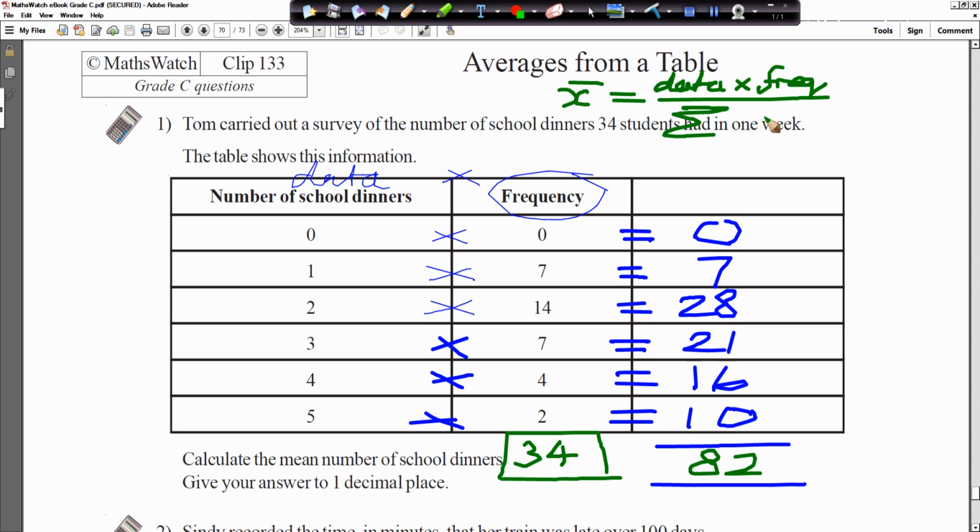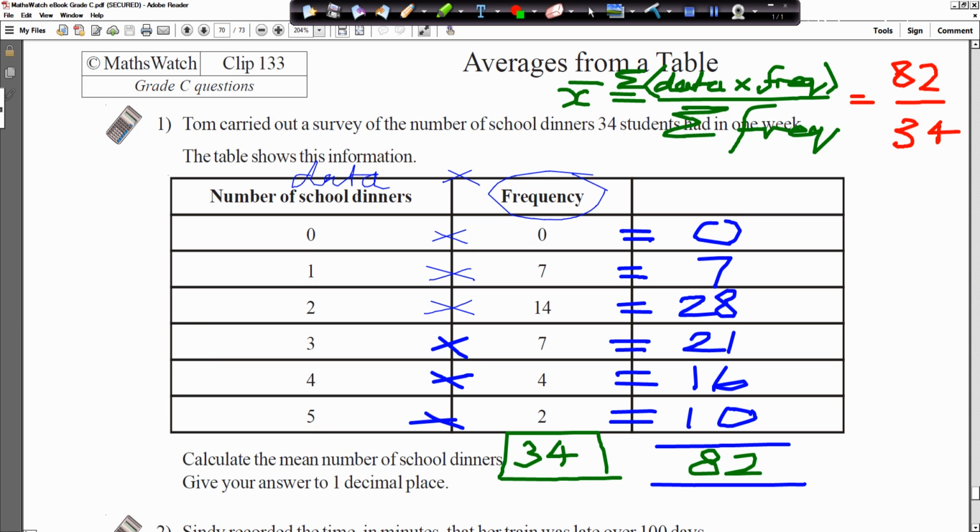Sigma means sum of the frequency. So at the top, all the numbers multiplied give 82, and the total number of data values was 34. So we need to do 82 divided by 34.